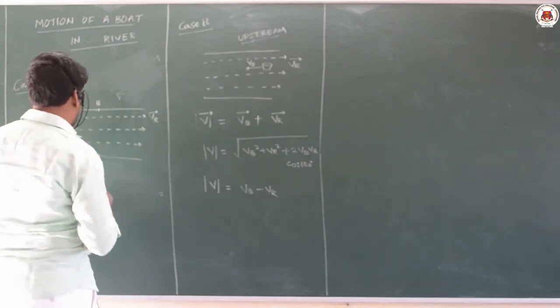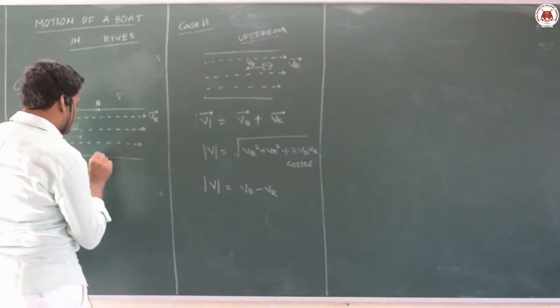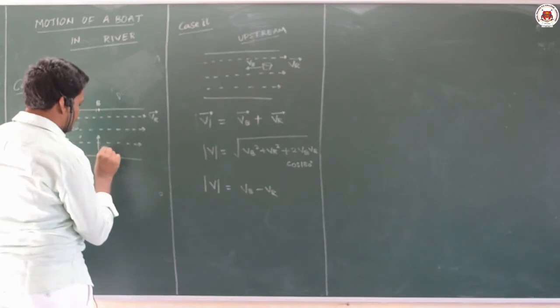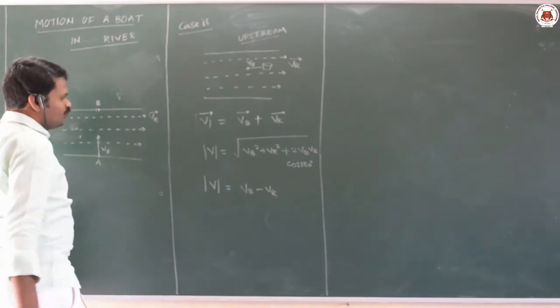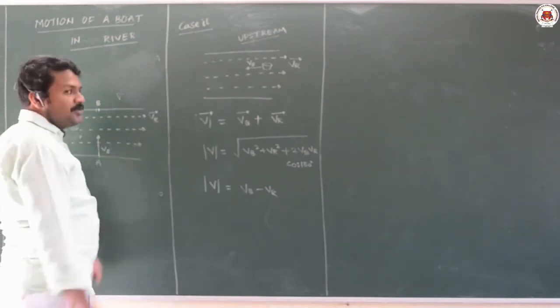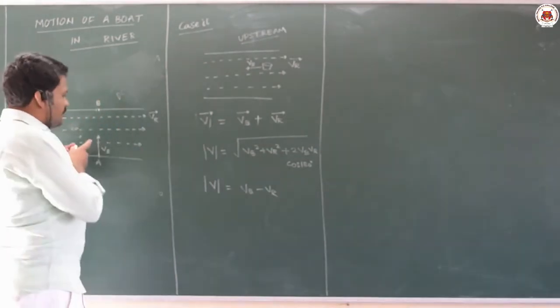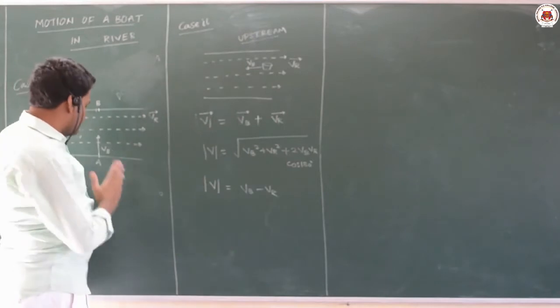Okay. Now, this is the velocity of boat. This will be the velocity of boat. Now, this is the velocity of river, in this direction. So, what happens here?